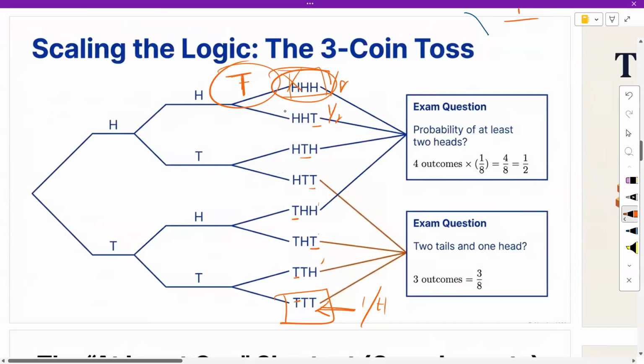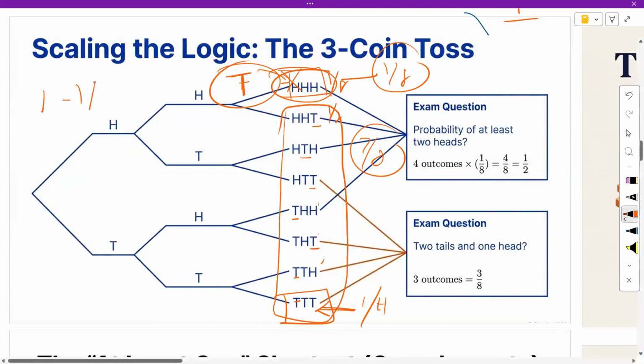So the total of these is 7 over 8, and the probability of this is 1 over 8. The sum of all probabilities equals 1, and you know the probability of this is 1 over 8.